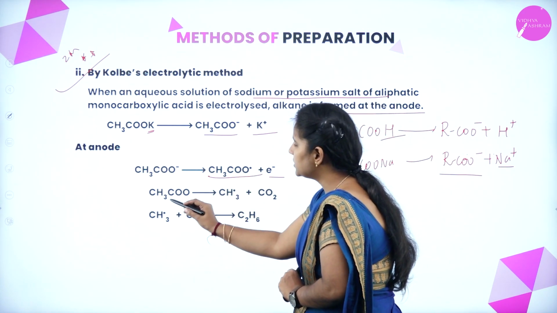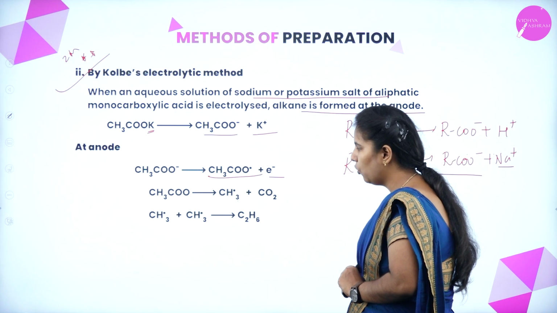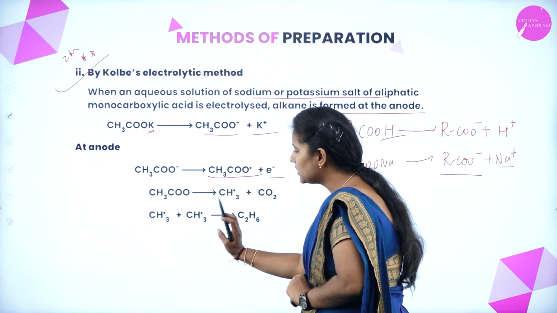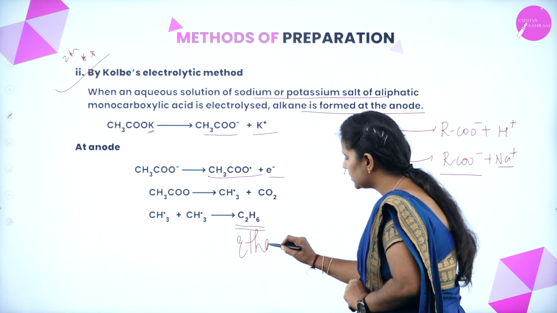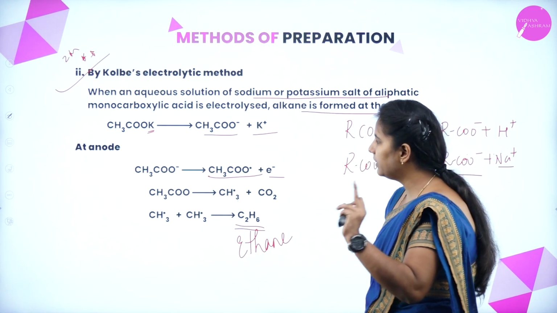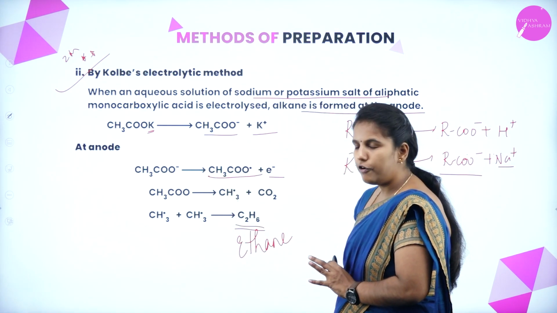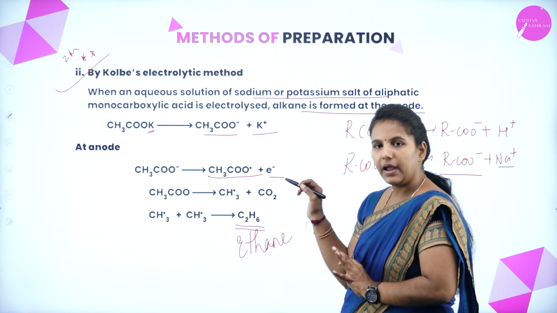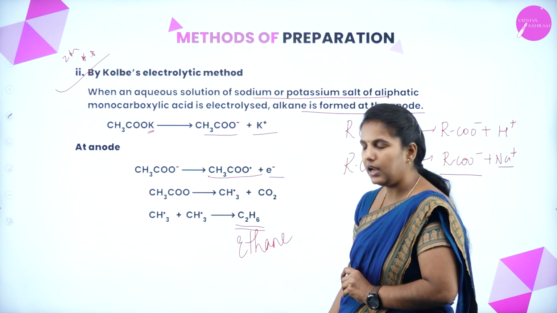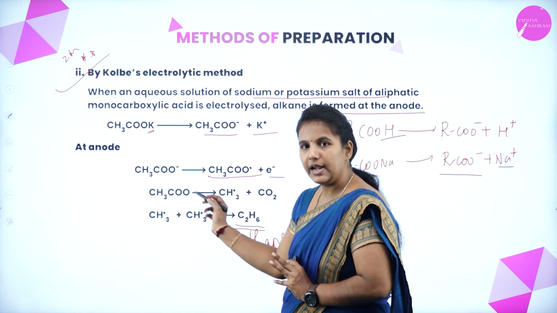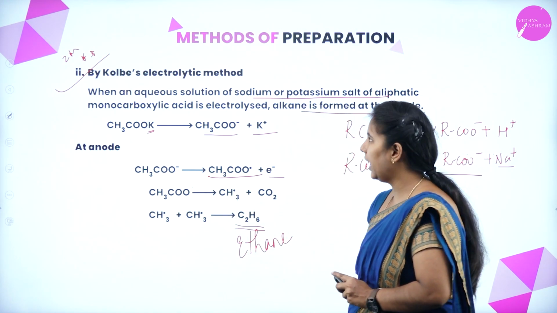This CH3COO radical again gives rise to the CH3 radical and CO2. This CH3 radical reacts with another CH3 radical and gives rise to ethane, and it is an alkane.